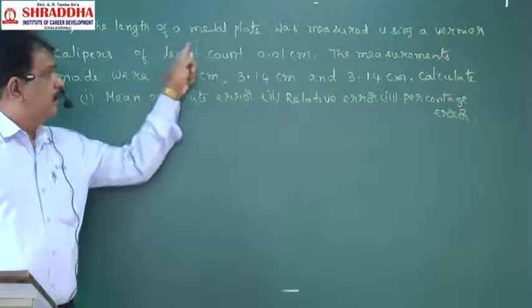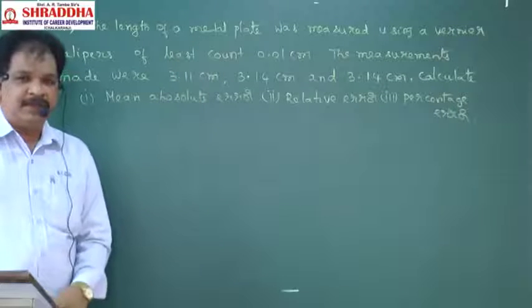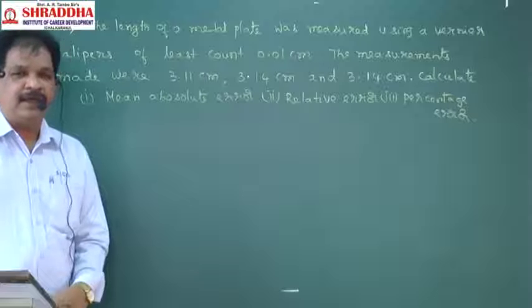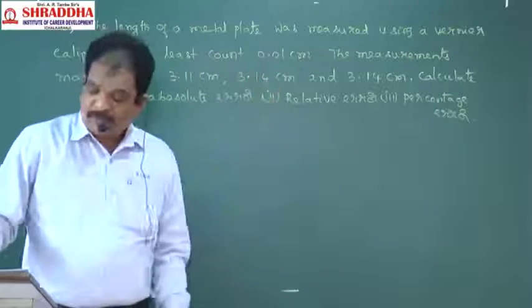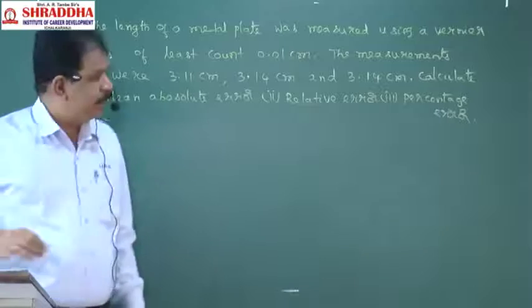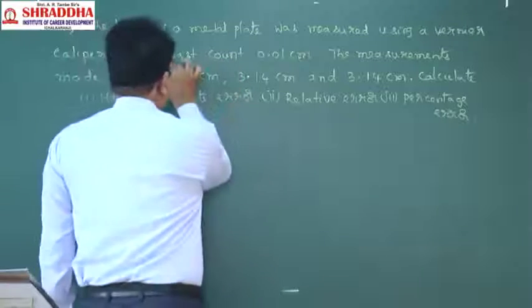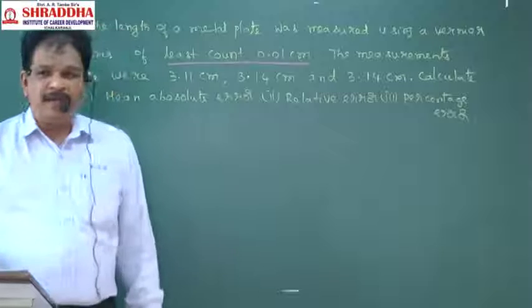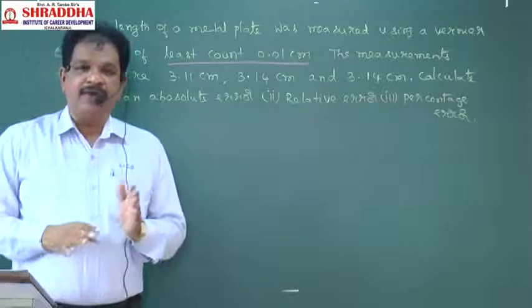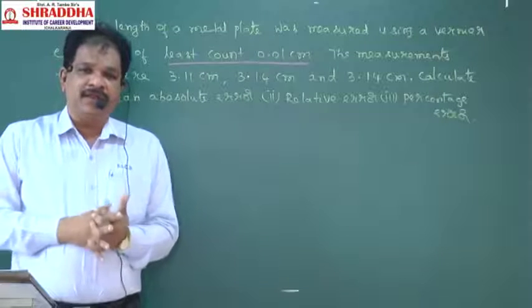Length of one metal plate is measured using vernier calipers. Its least count is 0.01 centimeter. Least count means the minimum value measured accurately using that device.